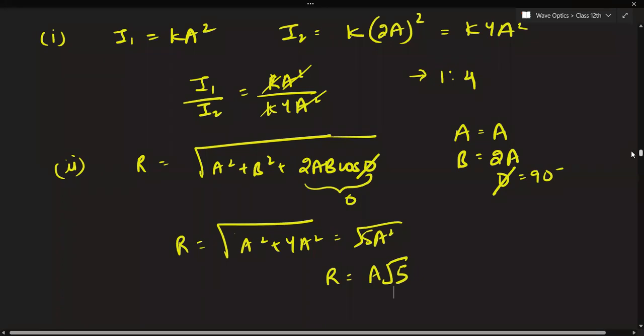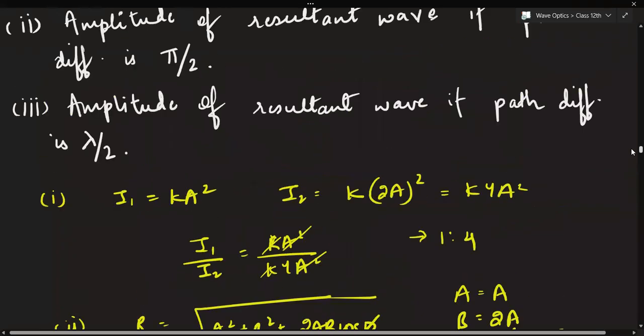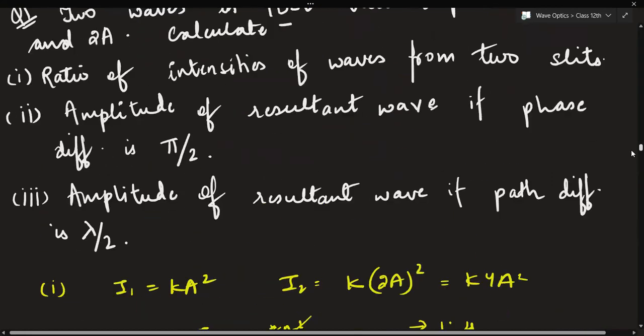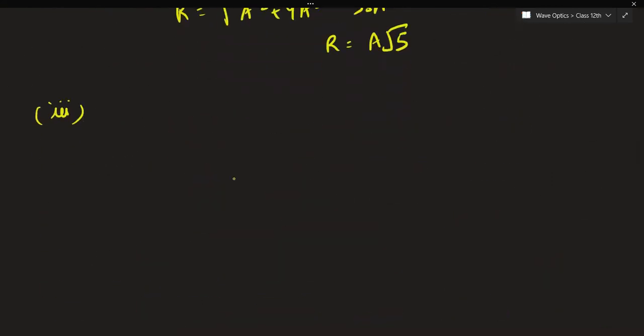Now in the last question you have the same things as this question, but look at the difference. Here it is written: amplitude of the resultant wave if the path difference is lambda by 2. You don't have the phase difference given as pi by 2 like in the above question. You are given the path difference, so we use the equation phi by 2 pi is equal to x by lambda.